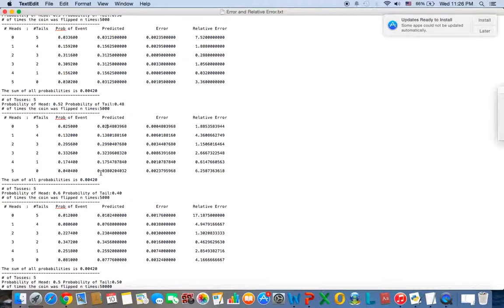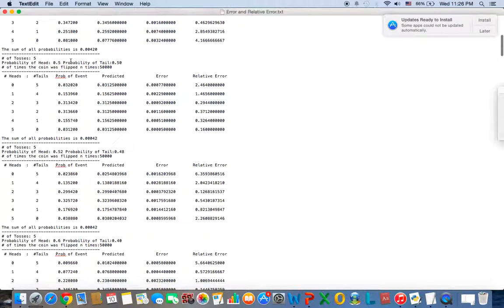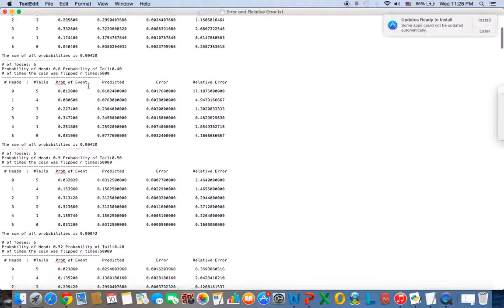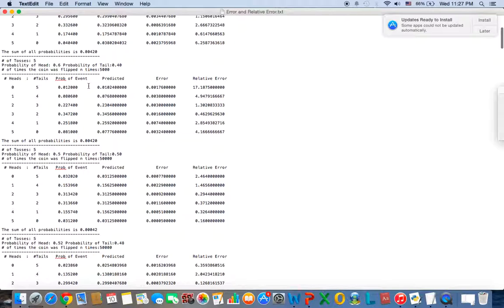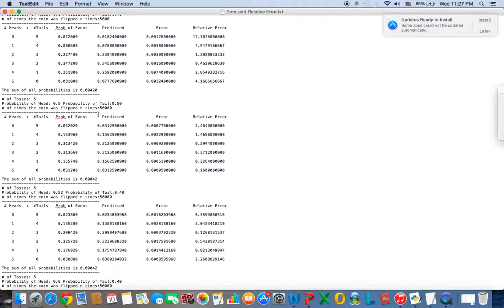When it comes to the unfair coin, we can see that the predicted value is not symmetric anymore. It's different. For this one, 50,000, we have the same prediction here, it is symmetric.